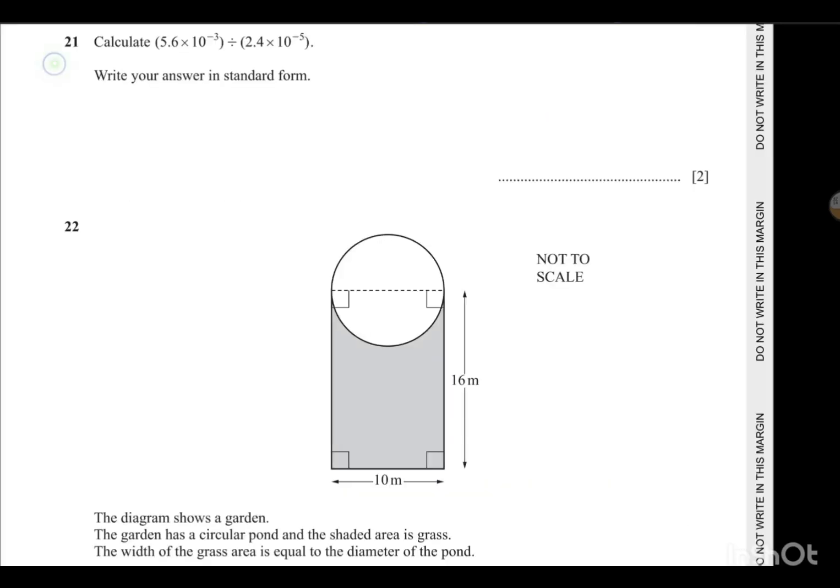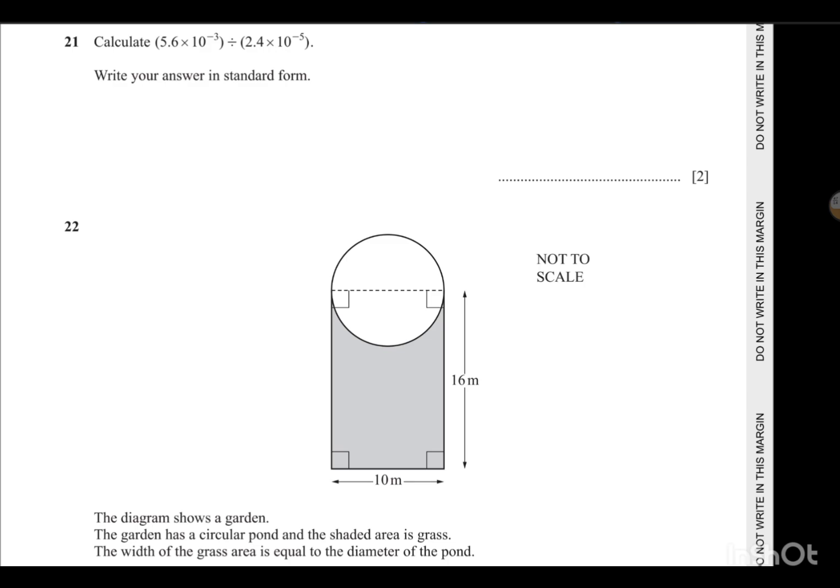Question number 21. Calculate 5.6 into 10 raised to minus 3 divided by 2.4 into 10 raised to minus 5. Now here, when standard forms are given and you have to divide, you take the numbers and divide, and we need the answer in standard form only. If you don't want the answer in standard form, you can directly put it in the calculator if you know how to find standard form in the calculator.